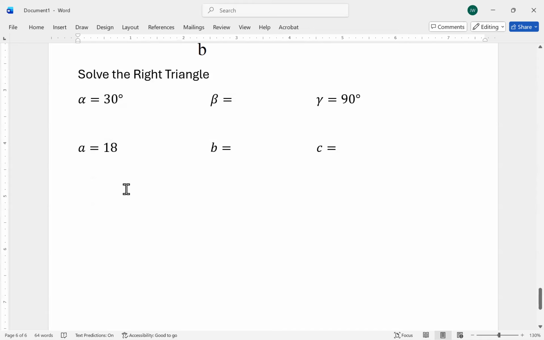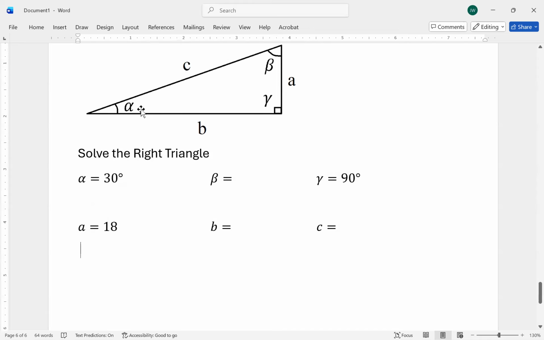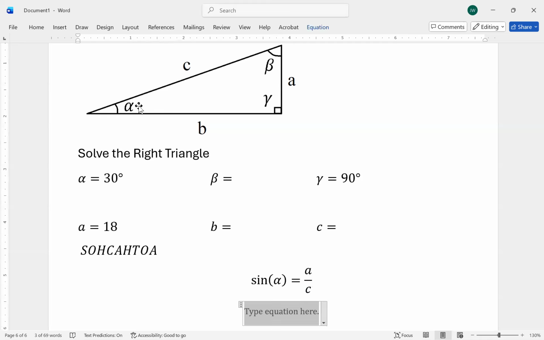Now what I would do is since I know alpha, I'm going to use some rule for SOHCAHTOA. Notice that I am given the length of A, which is the side opposite of alpha. So that means the sine of alpha is A over C because A is the side opposite of alpha and C is the hypotenuse of this right triangle.